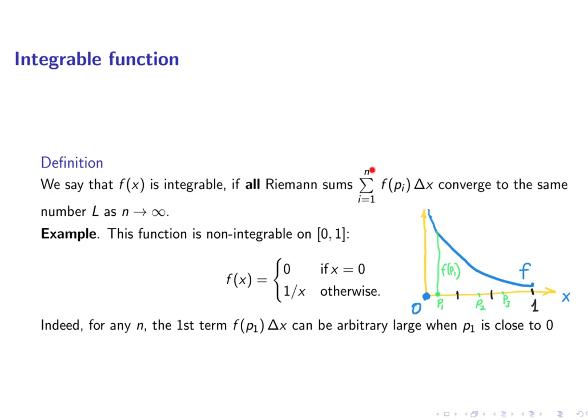So some Riemann sums for a fixed n are going to be very, very large. So even though n goes to infinity, there is no way we can restrict the size of Riemann sums simply by making n very large.